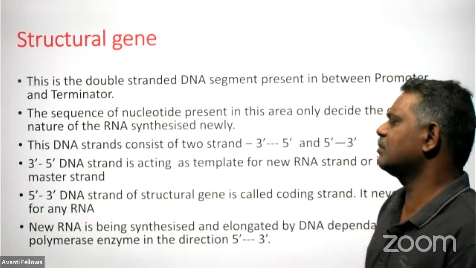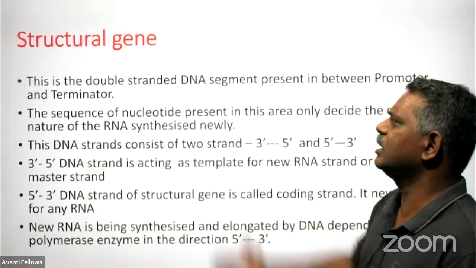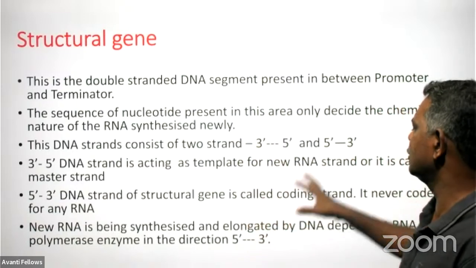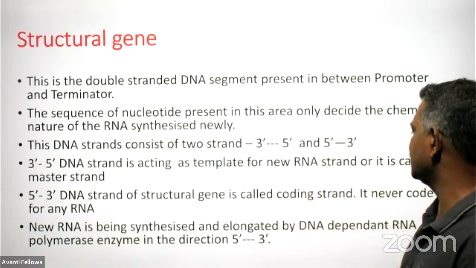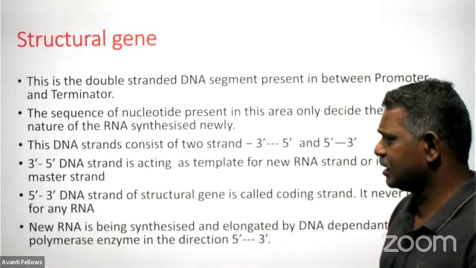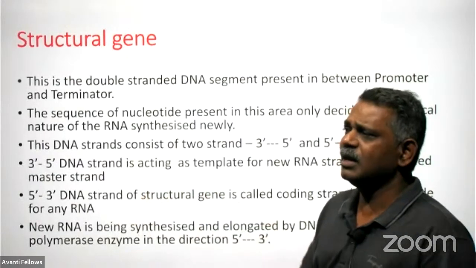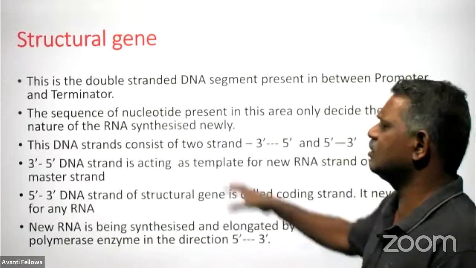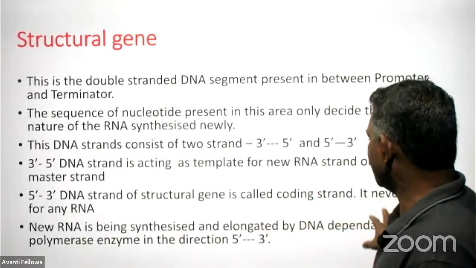Whereas the 5' 3' strand, the other strand of the DNA in the structural gene, is called the coding strand, and it never codes for any RNA. But the chemical nature of the RNA synthesized in the structural gene is exactly like the coding strand.